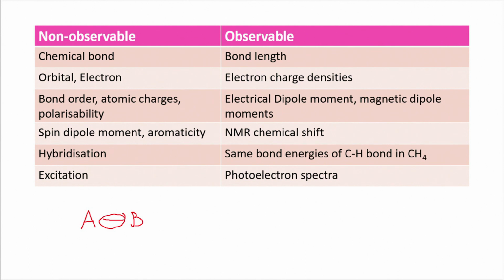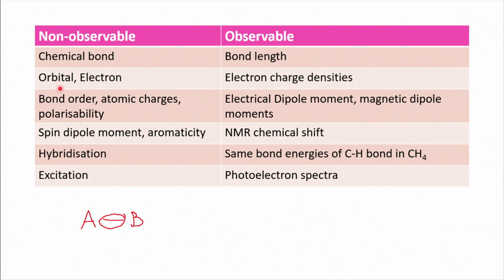But for all practical purposes, there is no such line that exists between the atoms. Does it mean there is no such line connecting the atoms? We said we cannot observe the chemical bond, but we can measure the bond length. The distance between the two atoms we can measure. This way, we can indirectly say that the two atoms are held together by a connecting force and it is called a bond.